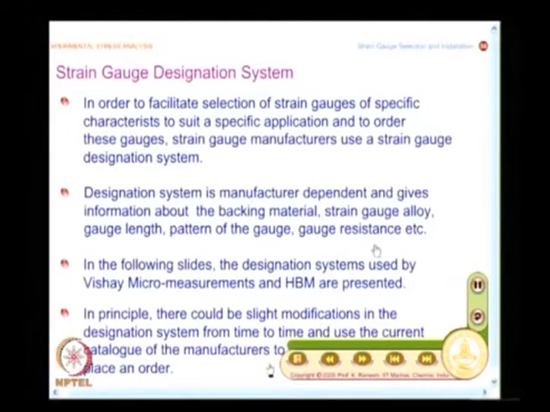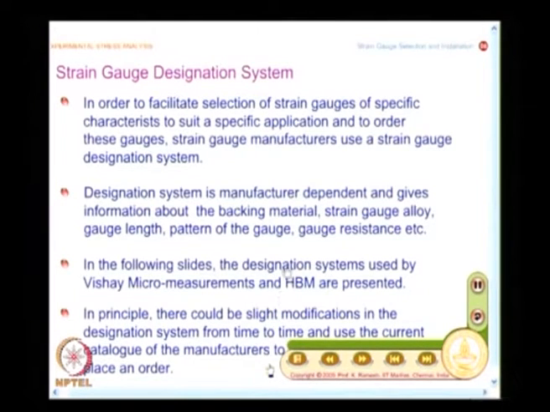And for these discussions, I have the designation system from Vishay Micro Measurements and HBM, and you can also look at other manufacturers. You have a manufacturer from Japan, and you should also keep in mind these are discussions to give you an idea of how you can go about it, and there could be slight modifications in the designation system from time to time, so use the current catalog of the manufacturers to place an order.